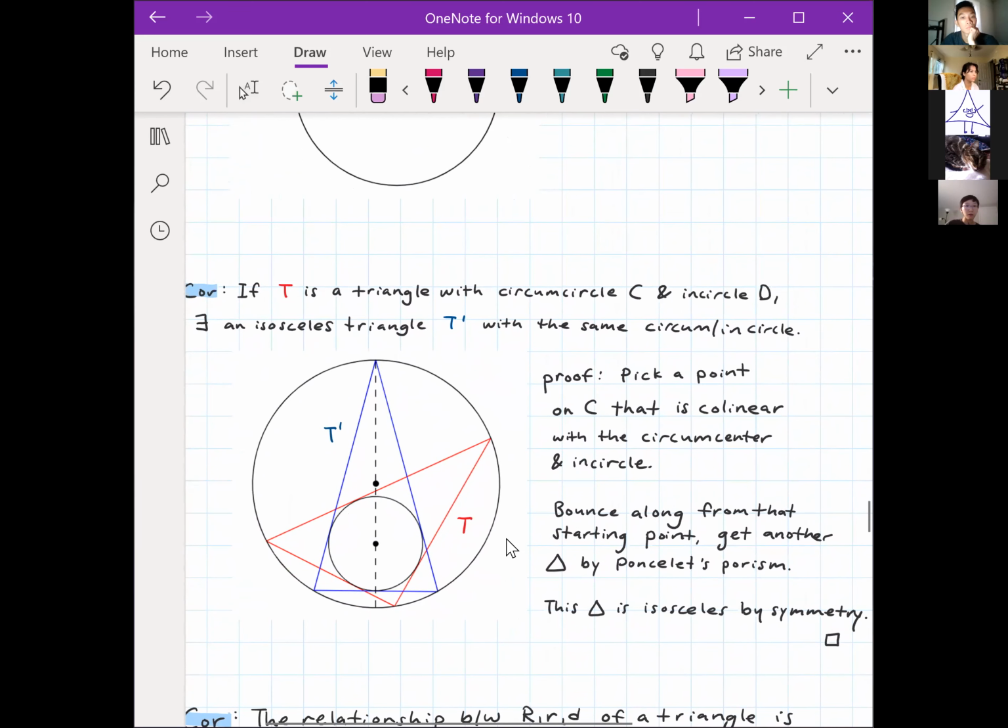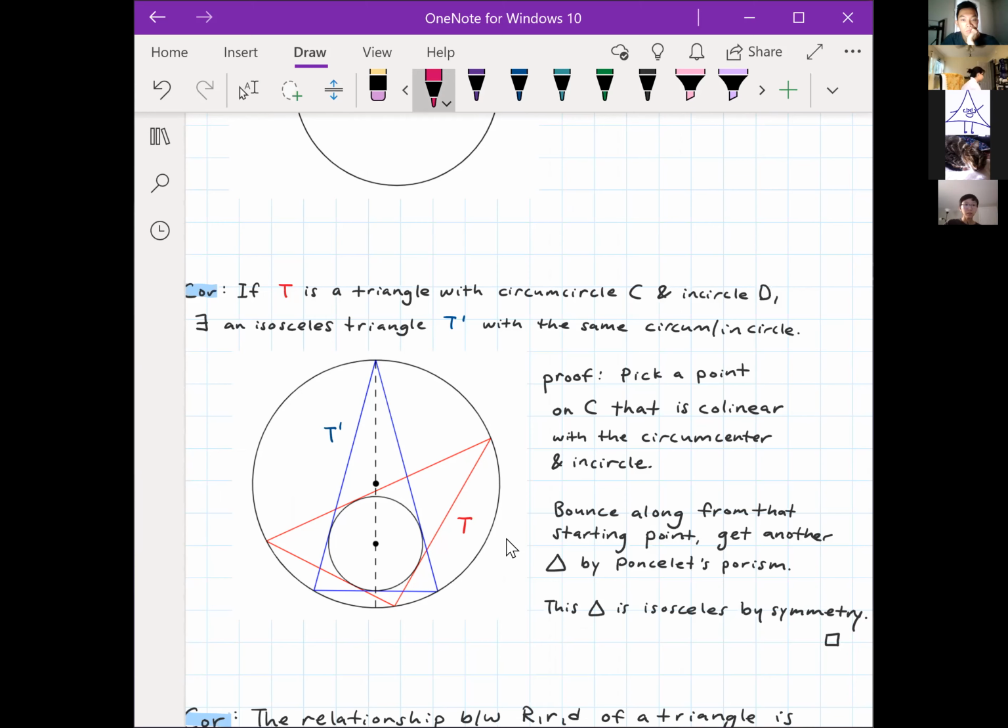If we have our general triangle T, then it has its incircle and circumcircle. And if there's no distance between the two centers, then your triangle is equilateral. And in that case, it's better than isosceles. So we can assume that there's some distance d between the two centers.